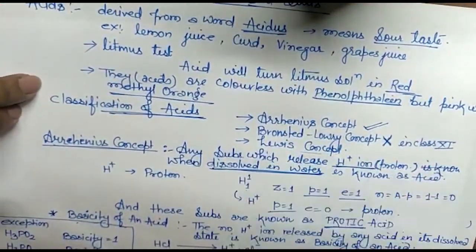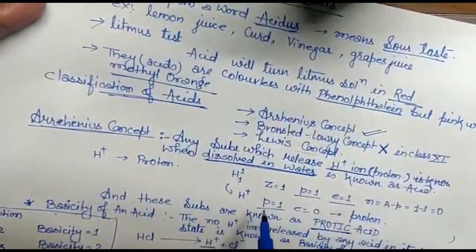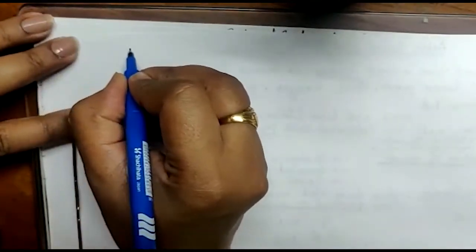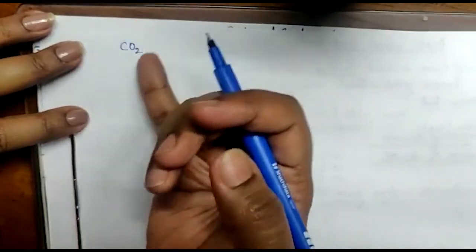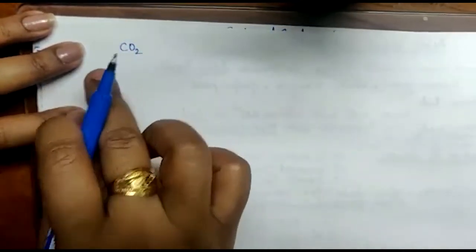Now the Lewis concept. Arrhenius explained the acid as that which can give H plus only. But there are still many acids which don't have H plus but are still acids, like CO2. There is no hydrogen, so it cannot give hydrogen, isn't it? But still it is acidic.